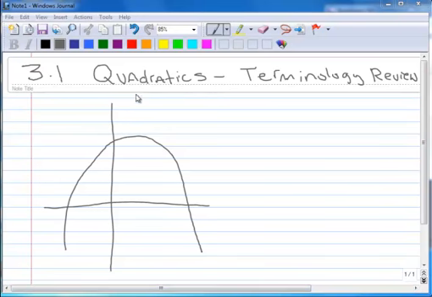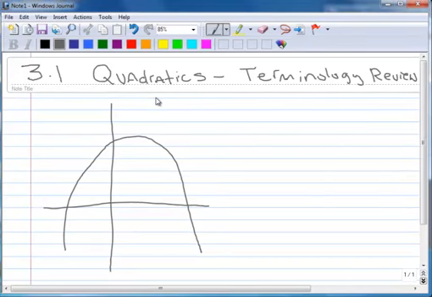Let's just start by identifying a few things on here. First of all, we want to locate the vertex. This point is the vertex right here.